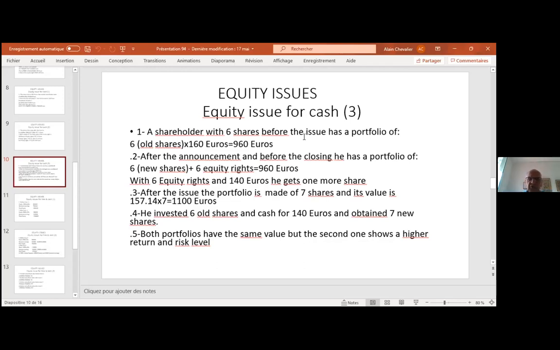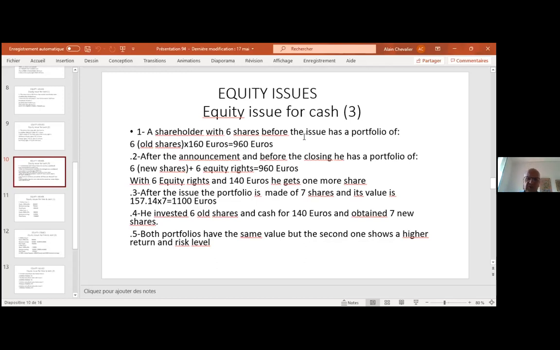And both portfolios' values will not increase the same way. The portfolio made of 100% shares has a value which will increase quicker and more than the portfolio which is split between shares and cash.